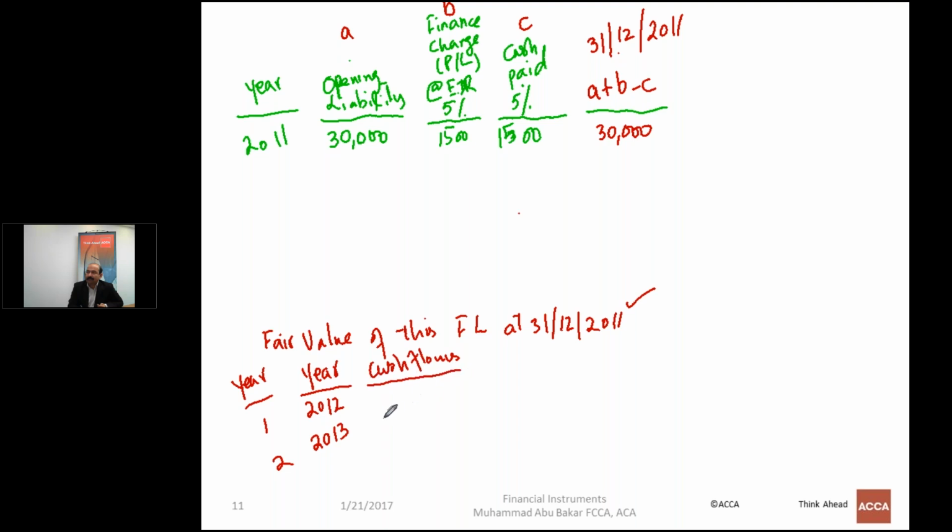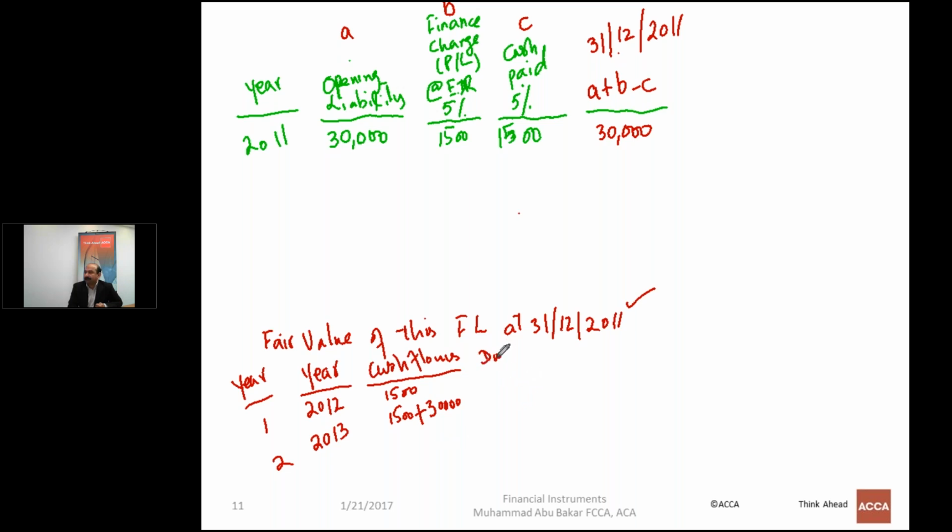Cash flows attached with this financial liability are, at the end of 2012, you will be paying 1,500 interest payment, and at the end of 2013, you will be paying 1,500 plus redemption at par. This means 31,500 will be the cash outflow at the end of 2013.